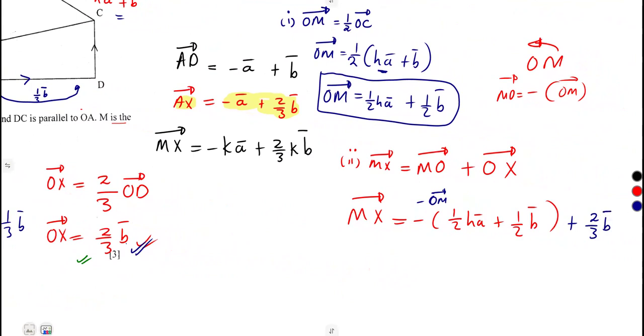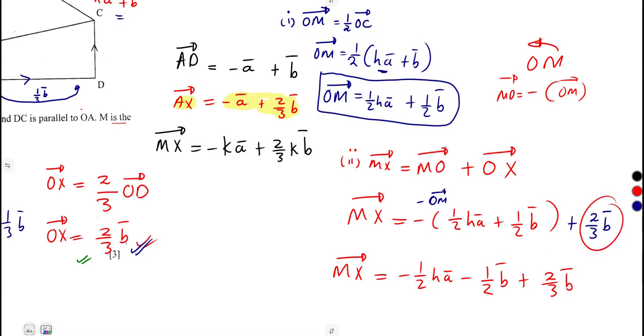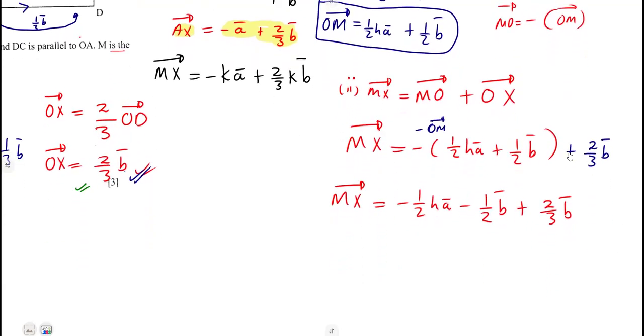So what you're going to simply need is to expand the brackets with the negative and collect the like terms on your simplification. So multiply by negative, that's negative half HA, negative times positive, negative half B, all right, plus the 2 over 3 vector B that we have here at the end. So that is what you're going to have.